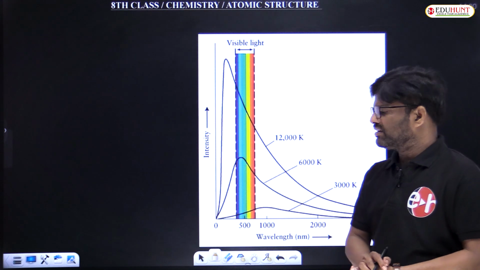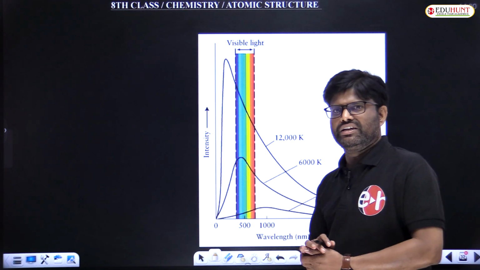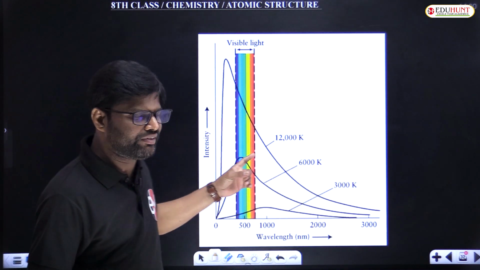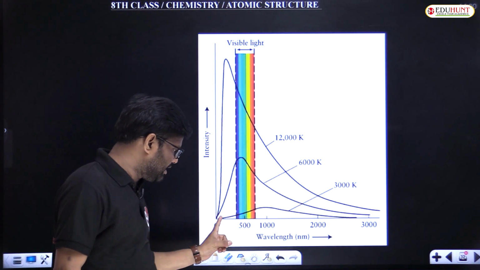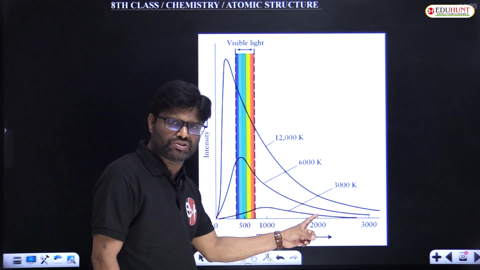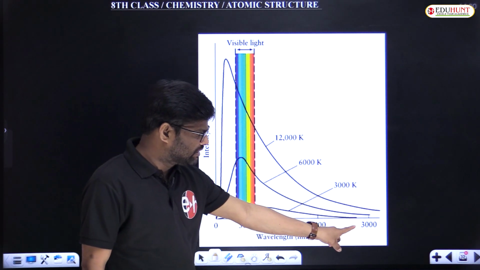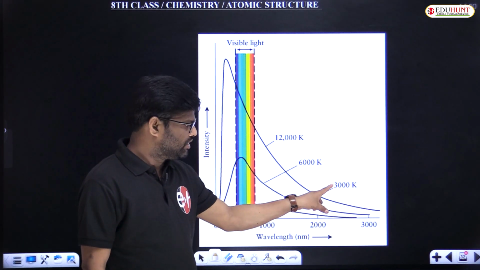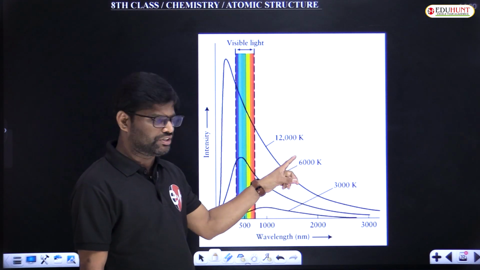See the graph here. A graph is drawn between intensity and wavelength. Here is the 3000 Kelvin temperature. See the wavelength here, first slowly increasing. But see the 3000 Kelvin, 6000 Kelvin and 12,000 Kelvin temperatures. What happens?